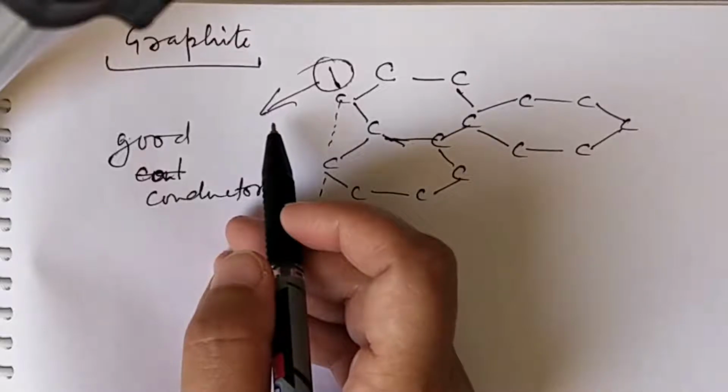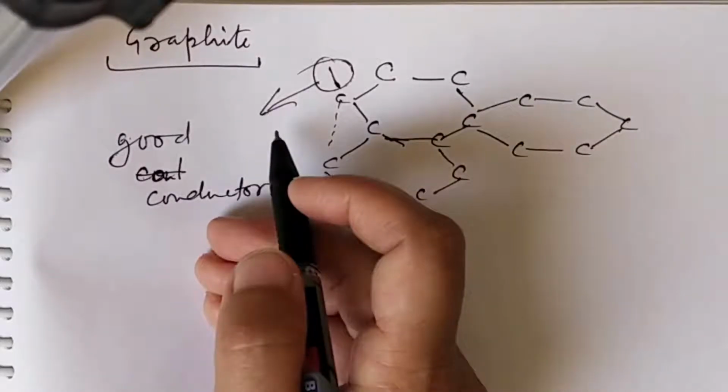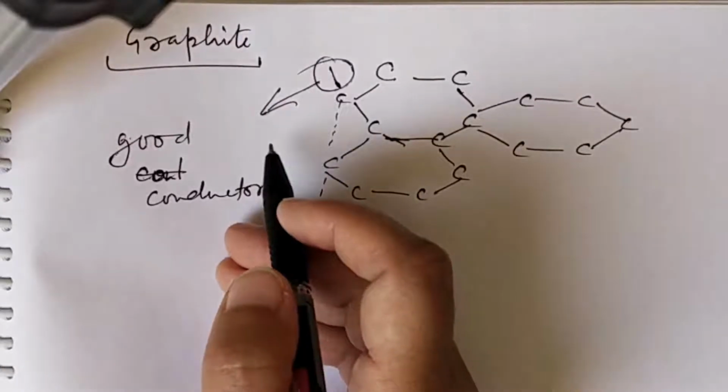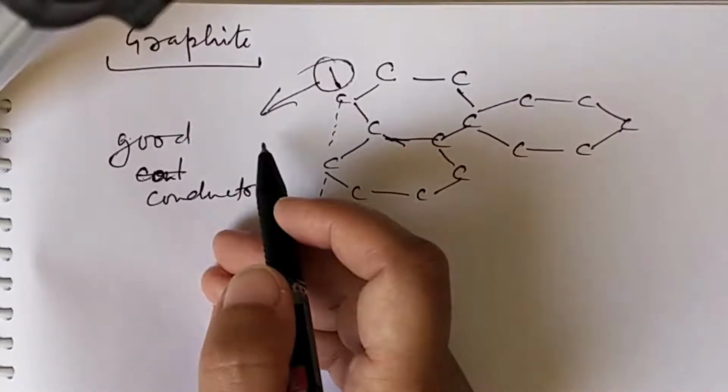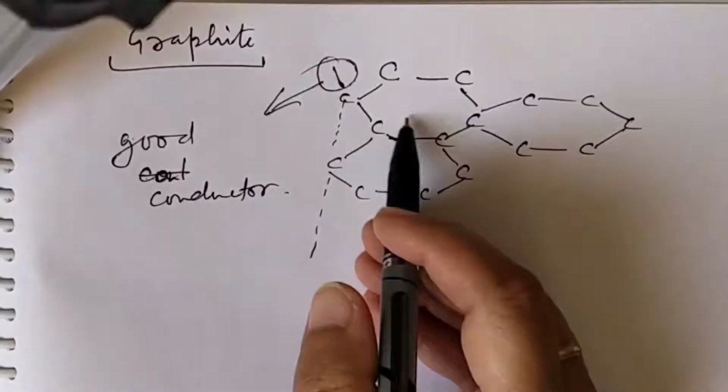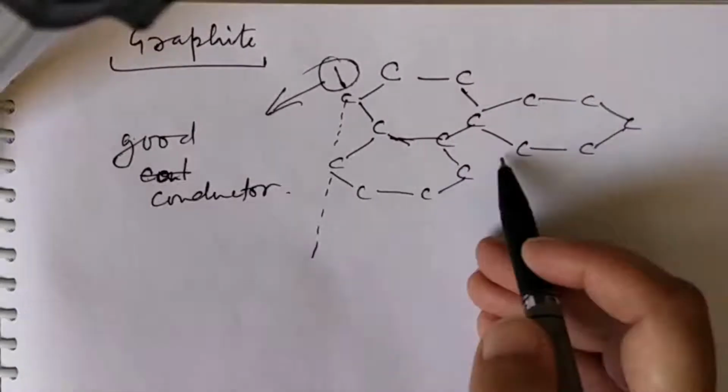This free valency is responsible for many other important properties of graphite, like it is used in lubricating parts of machines, because graphite occurs in the form of layers.